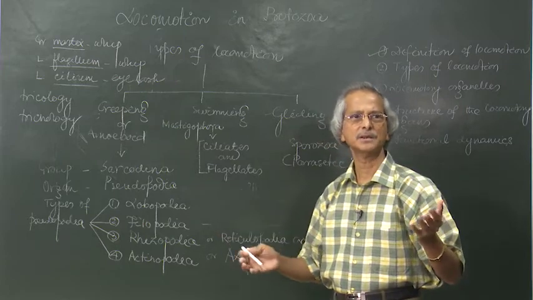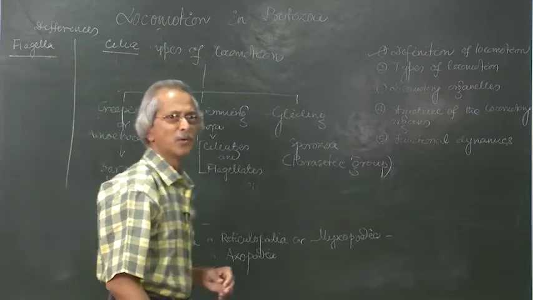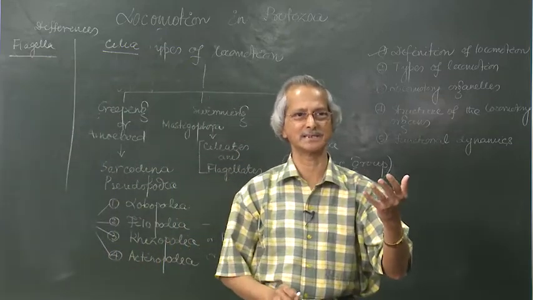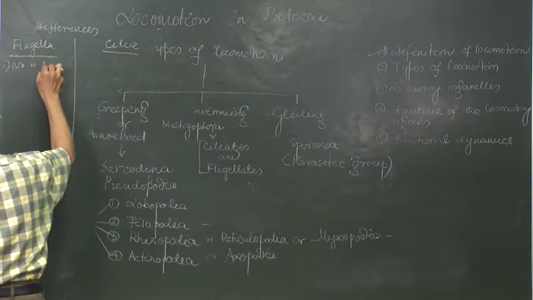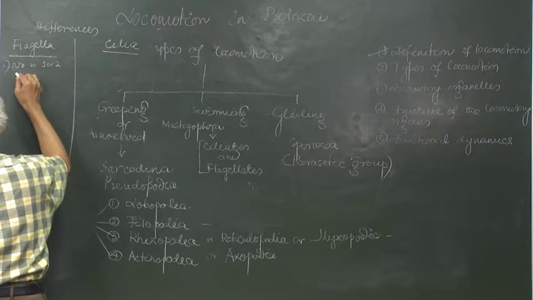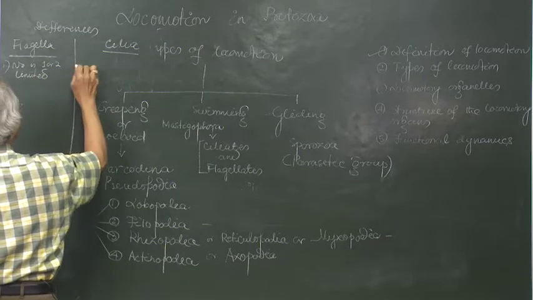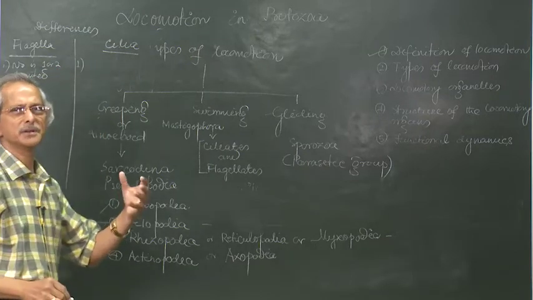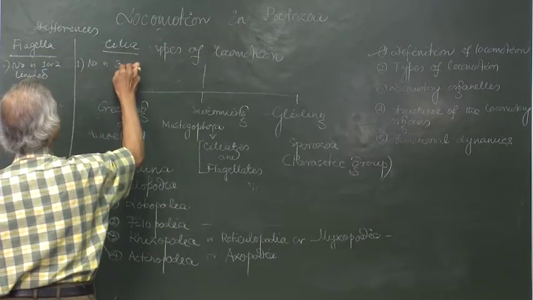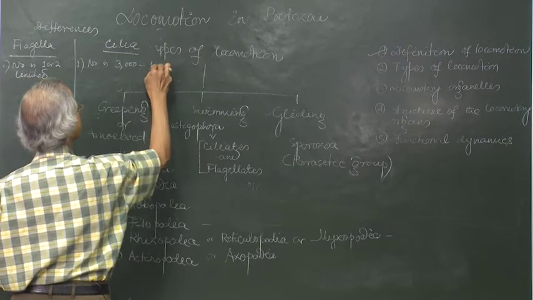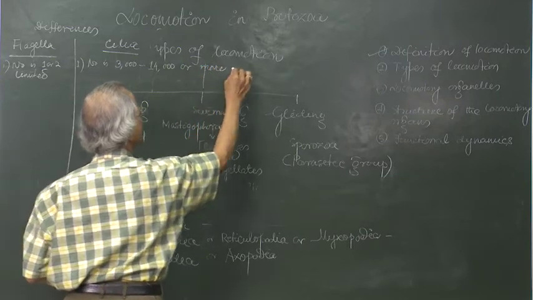What are the differences between cilia and flagella? Number 1, for flagella the number is 1 or 2, it is limited. For cilia you find the number is innumerable, around 3000 to 14,000 or even more in each animal.